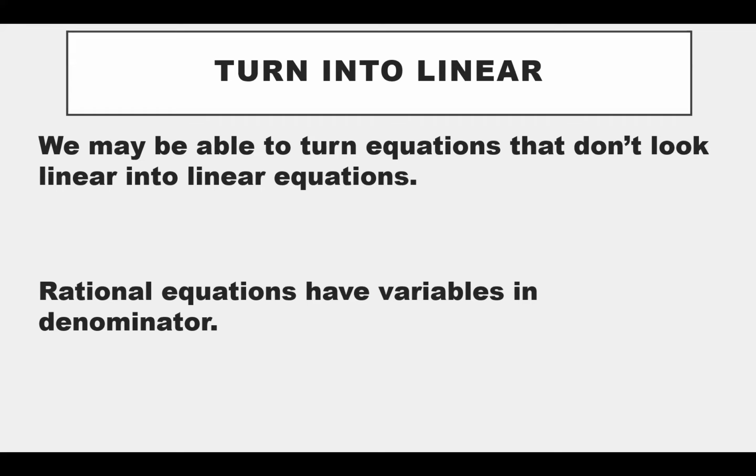Now, one example of this is with rational equations. Rational equations are equations which have variables in the denominator. So if I have an x in the denominator of a fraction, maybe I can do some algebra to turn that equation into something that looks like an equivalent one.